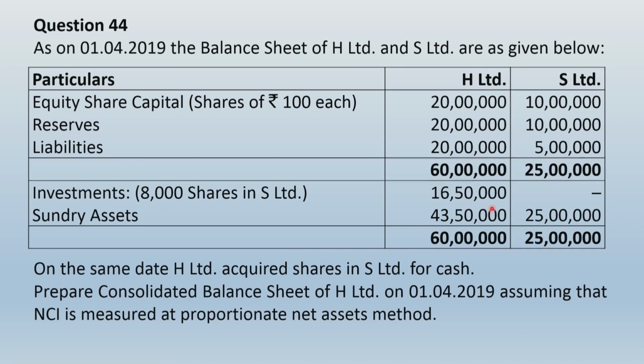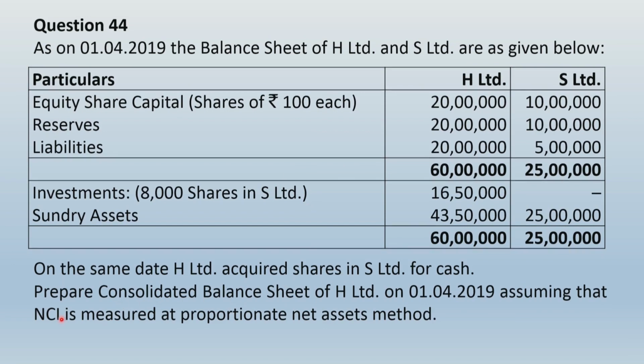So we can easily trace out that the excess payment made over here is rupees 50,000, which would represent goodwill arising on acquisition. So you will eliminate these two components. You will also eliminate this investment. You will then recognize non-controlling interest that would represent the remaining 20% stake in S Limited, which is not held by H Limited.